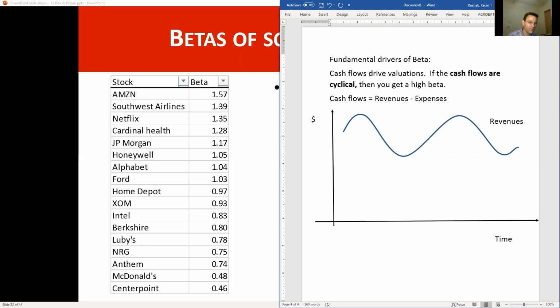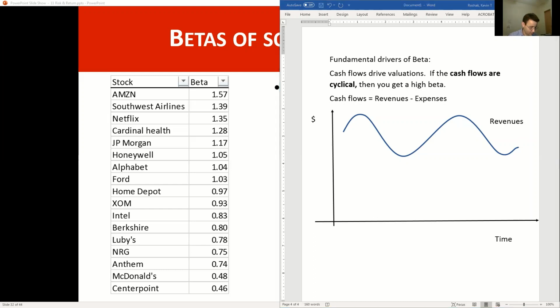But just being very kind of coarse here, we have cash that we're taking in, our revenues, and then we have cash that we're spending, our expenses, and the difference is going to be the cash flow, the net cash flow. So when is this thing cyclical? When will the cash flow be cyclical? Could be that the revenues are cyclical.